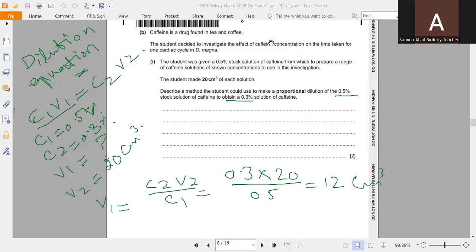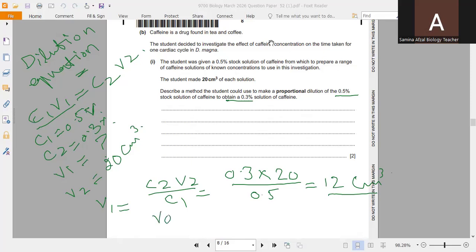So after calculation, I have written this. Now the volume of distilled water. So the stock is 12 cubic centimeter. To make a solution of 20 cubic centimeter, we need to add a volume of distilled water of 8 cubic centimeter.